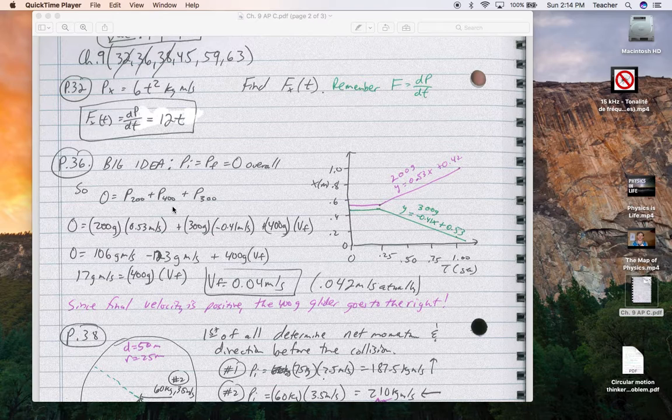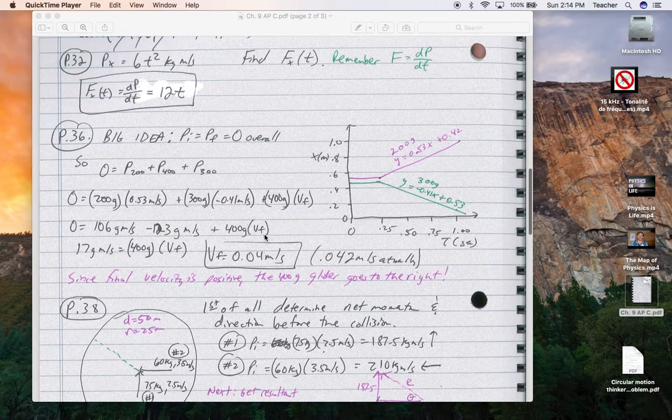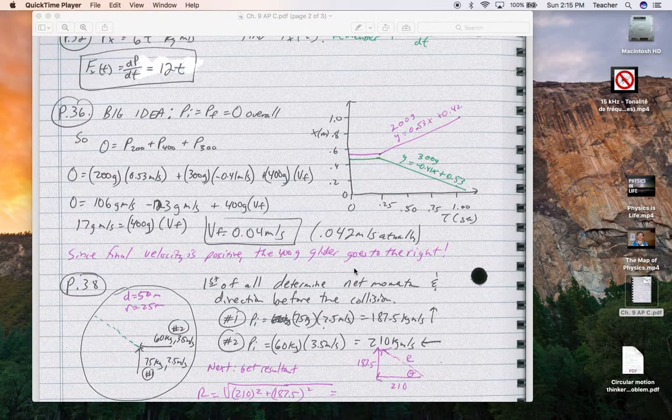Basically, we have a little extra momentum to the left because the momentum of the 300-gram cart is greater in magnitude than that of the 200-gram cart. So that means that this 400-gram cart will be moving a bit to the east or to the right. It turns out, and I rounded a little too much here, it's going to the right at 0.042 meters per second or 4.2 centimeters per second. That number is positive, so again, that's to the right.